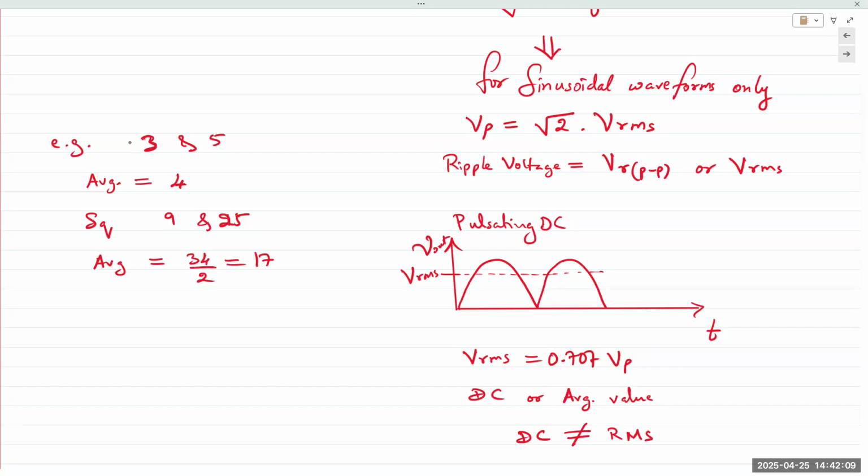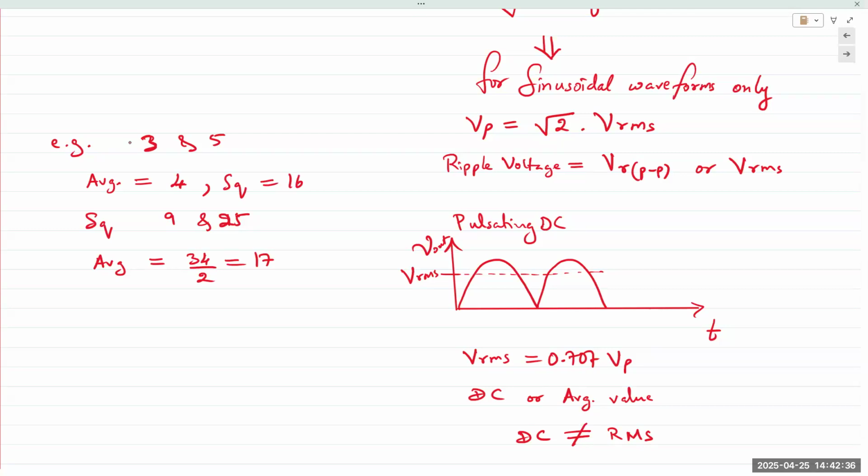And the square of the average is 16. So the average of the squares is not the same as the square of the average. And we need to describe power as the square of the voltage. Hence, RMS is very useful.